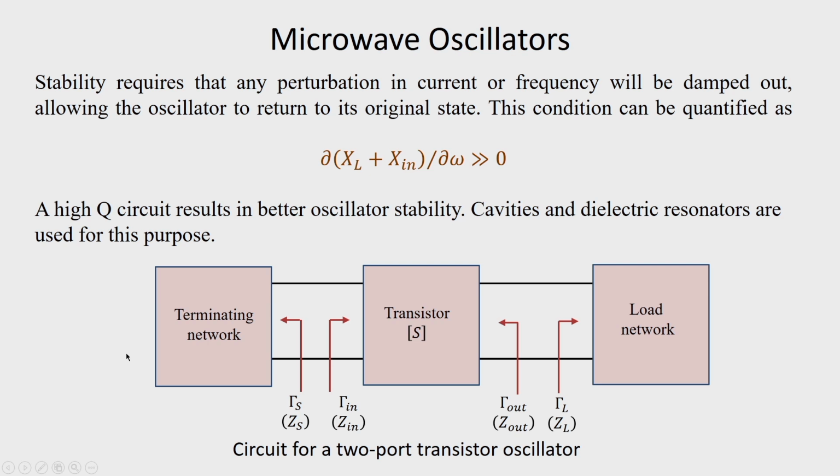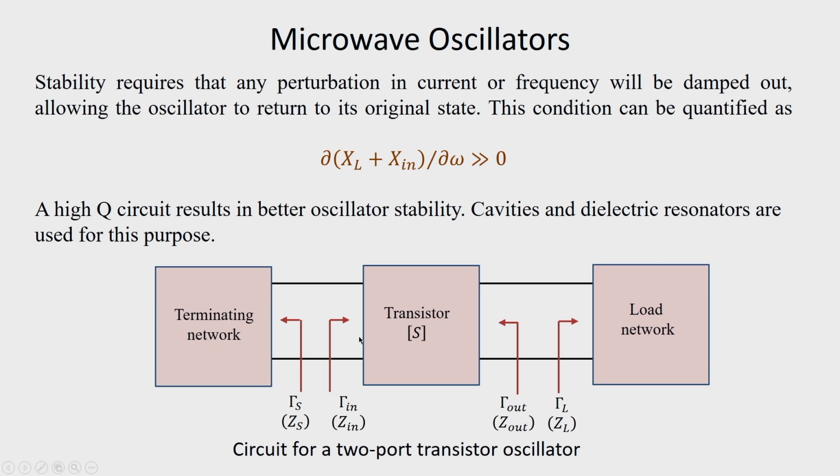So, when we use a transistor for designing microwave oscillators, we have the transistor, and on the input side we have a terminating network, and we also have the load network.